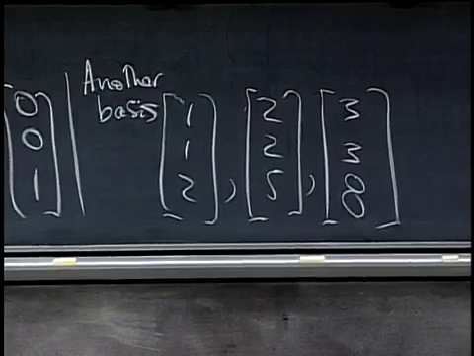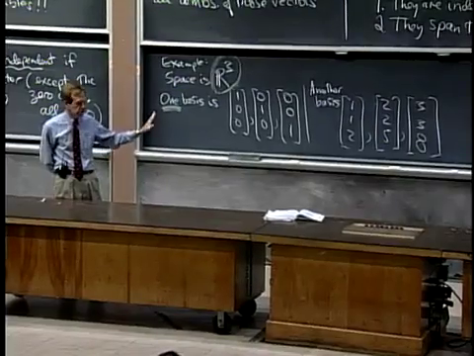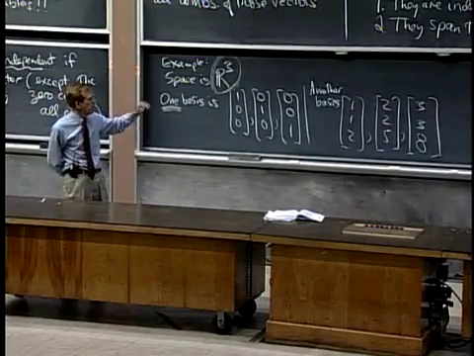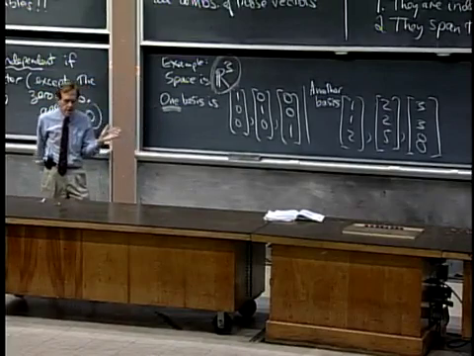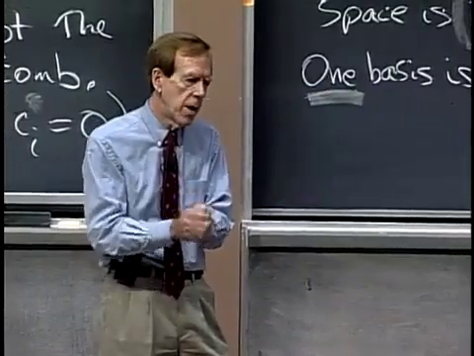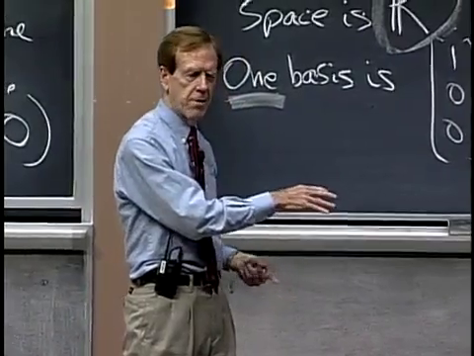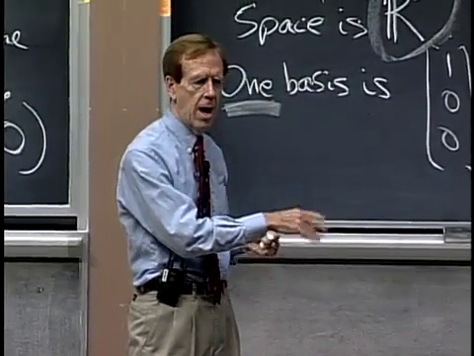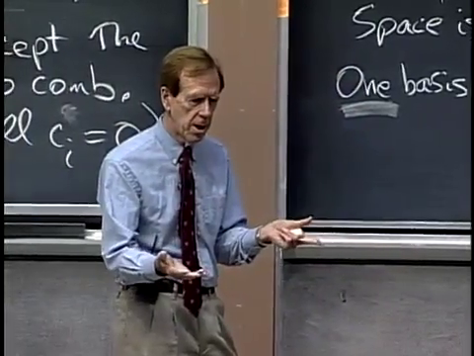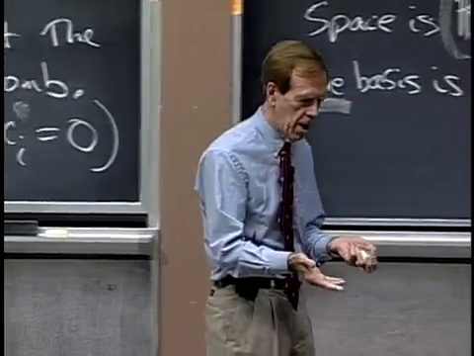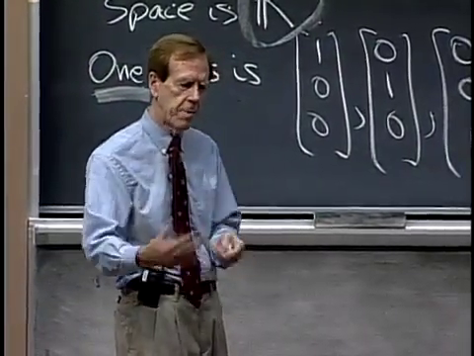And what's the test for that to be a basis? Because I just picked those numbers, and if I had picked 5, 7, minus 14, how would we know? Do we have a basis or don't we? You would put them in the columns of a matrix, and you would do elimination, row reduction, and you would see, do you get any free variables, or are all the columns pivot columns?